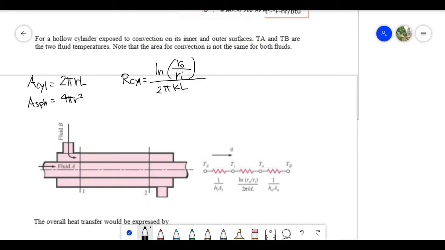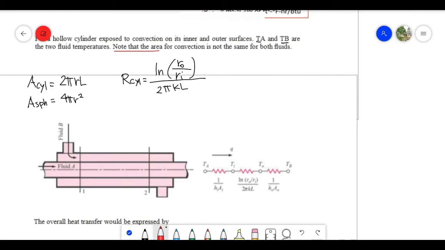So, for a hollow cylinder exposed to a convection on its inner and outer surface, T_A and T_B are the two fluid temperatures. Note that the area for convection is not the same for both fluids. Ayan. I-note natin yan.